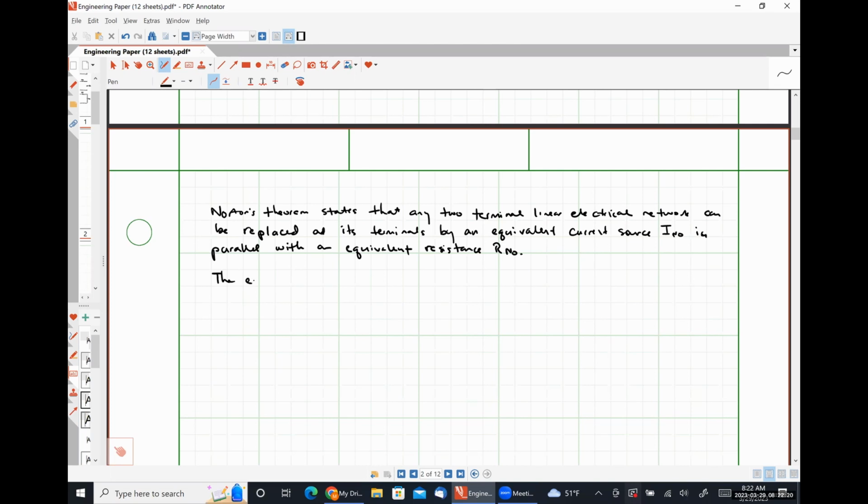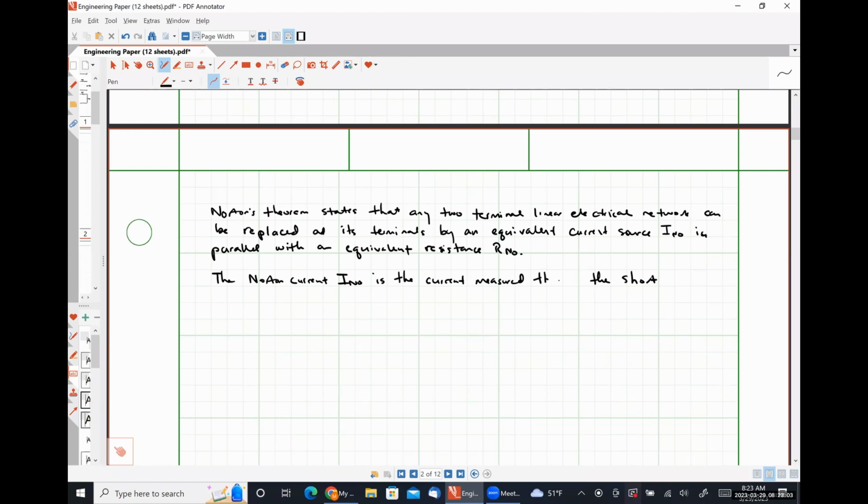So the Norton current, I Norton, is the current measured between the short-circuited terminals. The current measured through, I guess, would be a better way to put it.